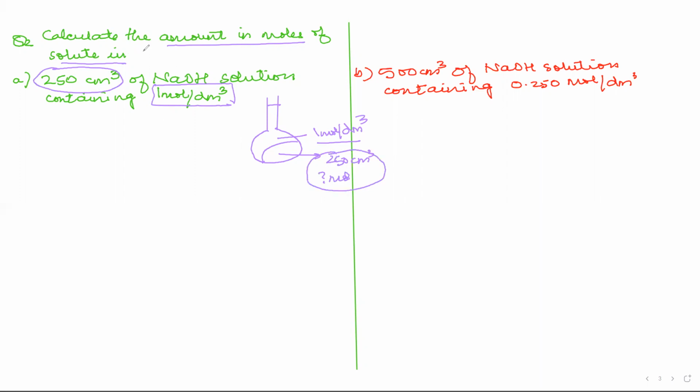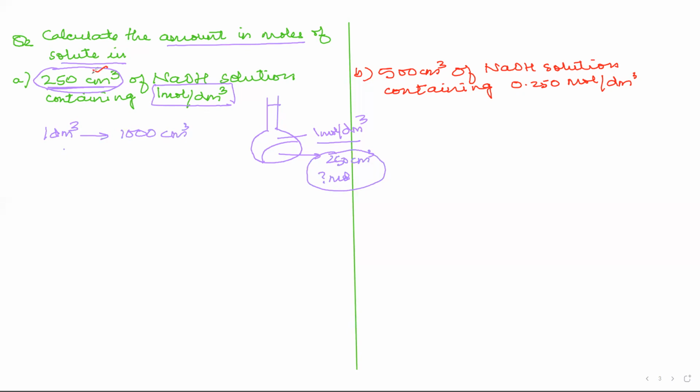Let's read the question once again. You need to find the amount in moles of a solute in 250 cm cube of NaOH solution whose original concentration is 1 mole per dm cube. We should know the conversion of the unit of volume very clearly: 1 dm cube is equal to 1000 cm cube. Here there is an imbalance in volume.